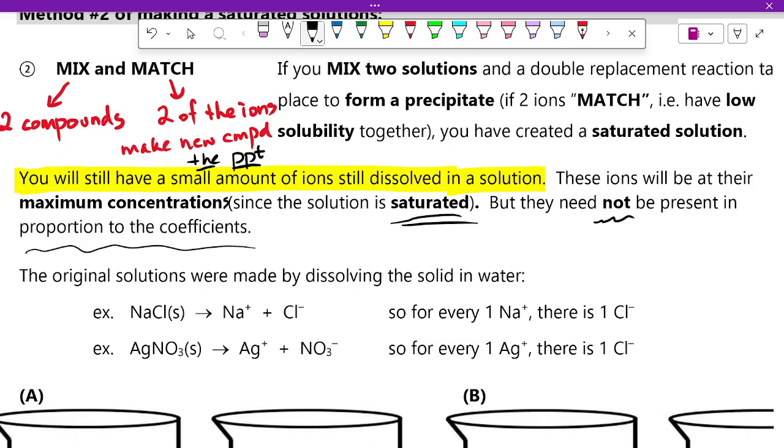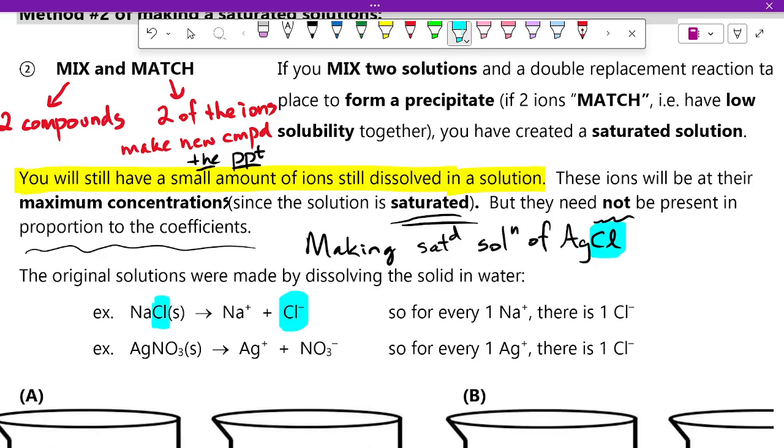So we are going to create a saturated solution of AgCl. We're going to do that one because the ratio is 1:1. The math is easy. Yes? So we took some original solutions and we got our chloride ions by using sodium chloride.